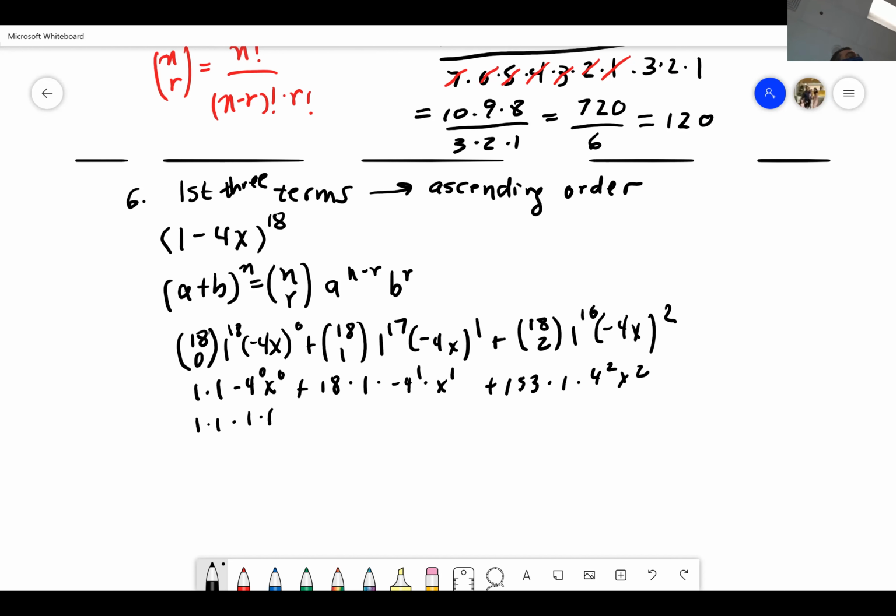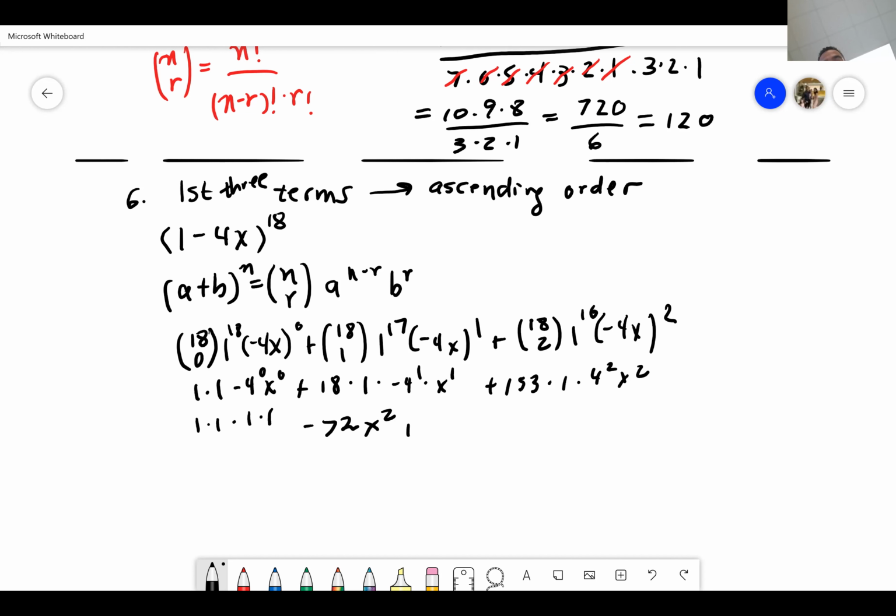Does that make sense? Okay, good. Here we have 18 times 1 is negative 18 times negative 4. Yeah, it has to be negative. So let me change this to negative.